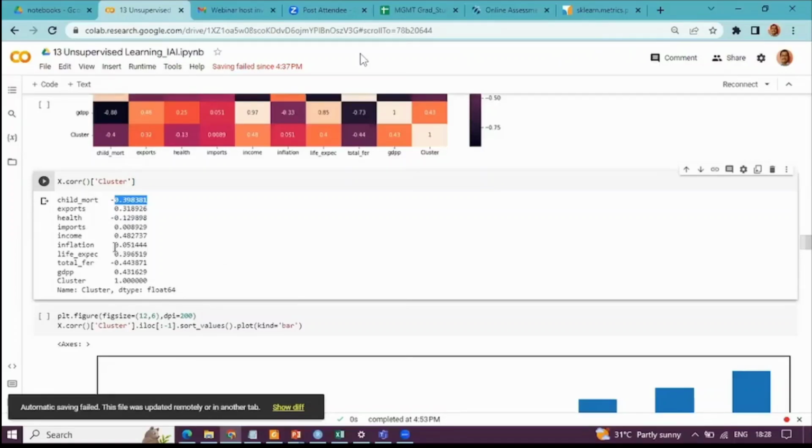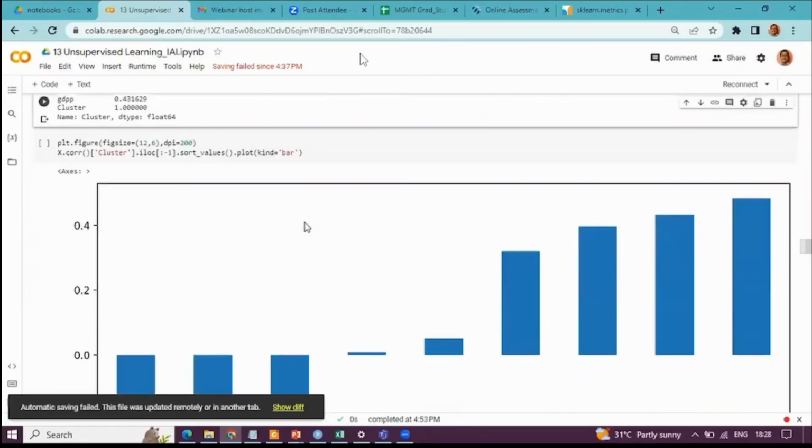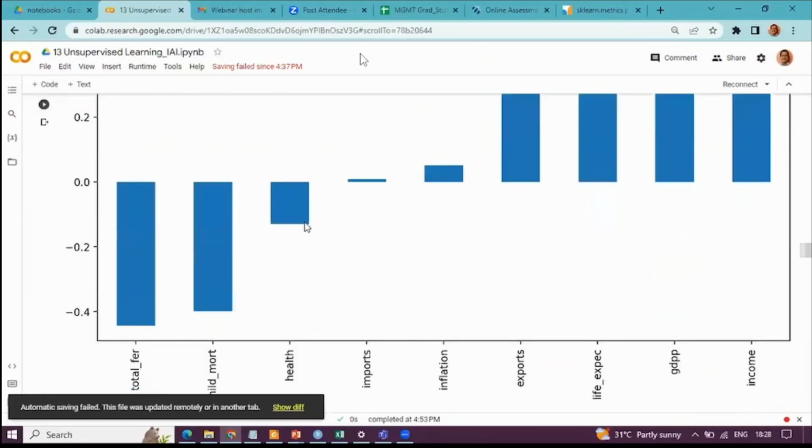A variable like inflation, or even the imports, are very, very negligible. Which means their importance in terms of clustering the various countries is low; imports is not playing an important role, or inflation is not playing an important role, and so on. So this is just a plotting of the same importances.